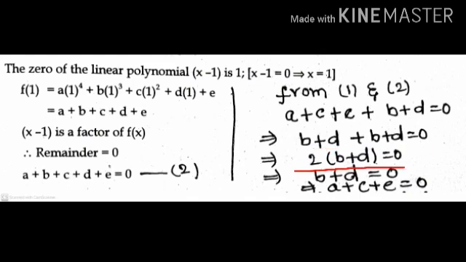That implies 2(b + d) = 0. Next step, b + d = 0/2, transposing 2 to the right side of the equation, which is equal to 0. So here the b + d value is 0, then a + c + e is also 0, because from 1, a + c + e = b + d.